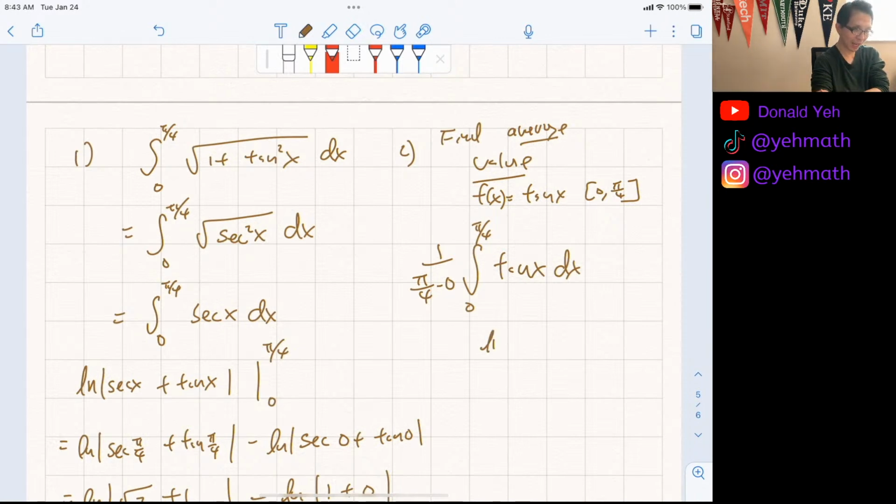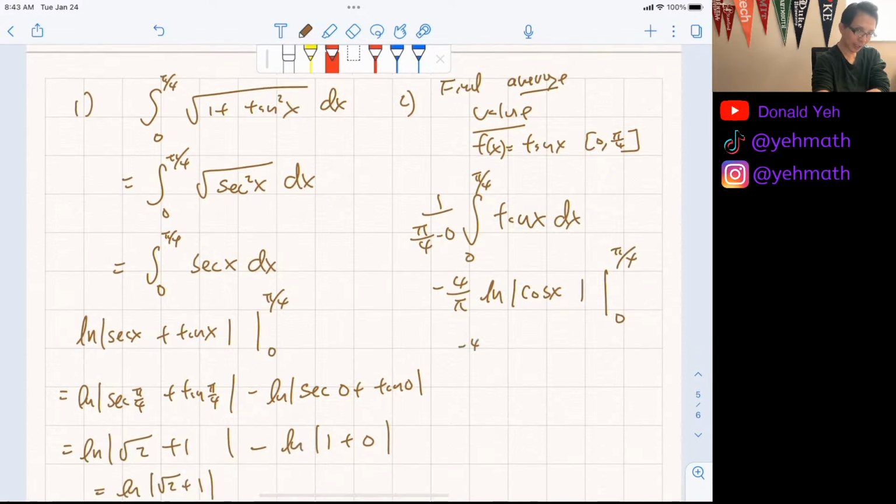So therefore, it's natural log with what? I think it's cosine of x. Yes. And I'm going to change the pi over 4 to 4 over pi, but it's negative, so I'm going to put a negative in front. From pi over 4 to 0. So negative 4 over pi times natural log cosine of pi over 4 minus natural log cosine of 0.